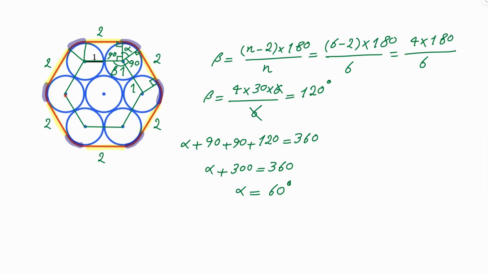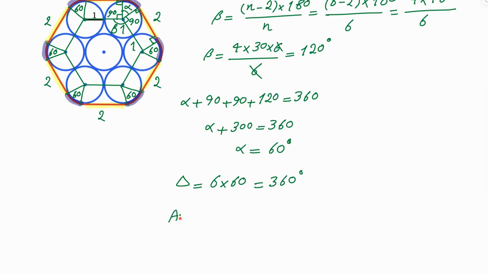And as we can see, we have 6 arcs around the shape, and all of them have the angle of 60. Name the angle by delta. We will have 6 times 60 is equal to 360 degrees, which is the angle for a full circle.